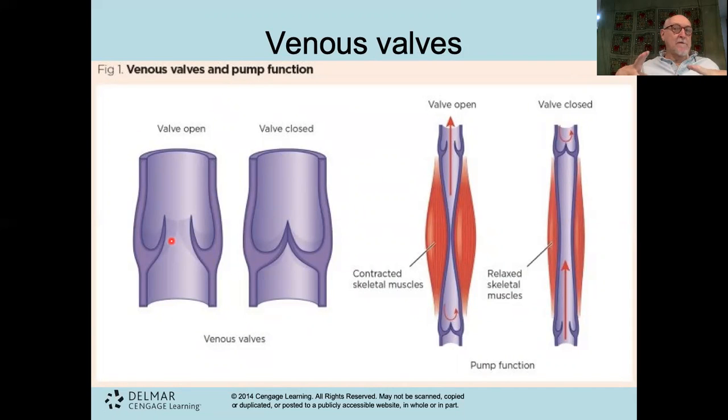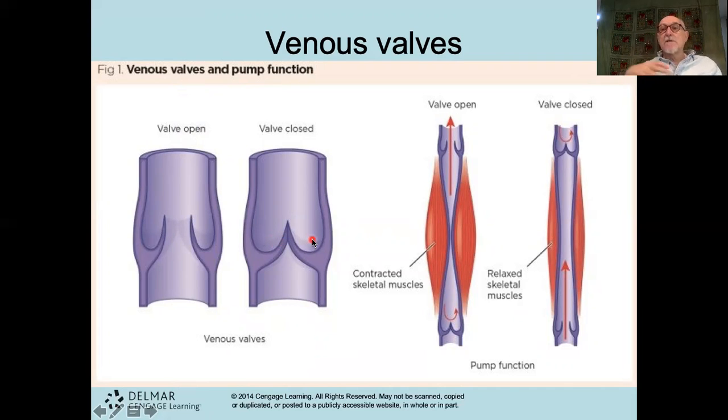And the valves are all structured so that they stop blood from flowing away from the heart in the veins. In other words, let's just say you're standing upright, and this is a vein in your leg. And this down here would be towards your feet, right? This up here would be towards your heart. And any impulse of the blood to flow backwards like this causes this valve to close.